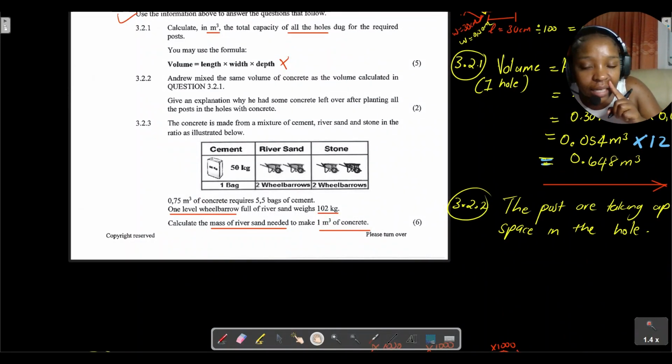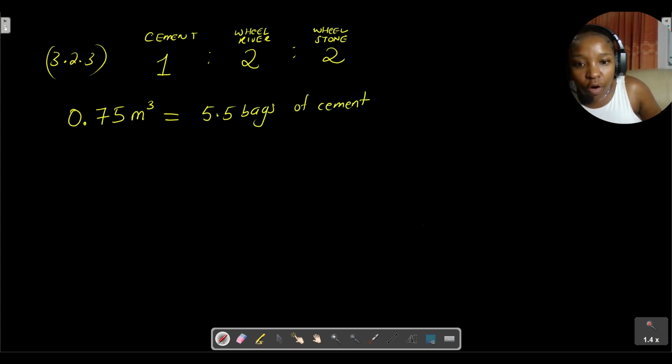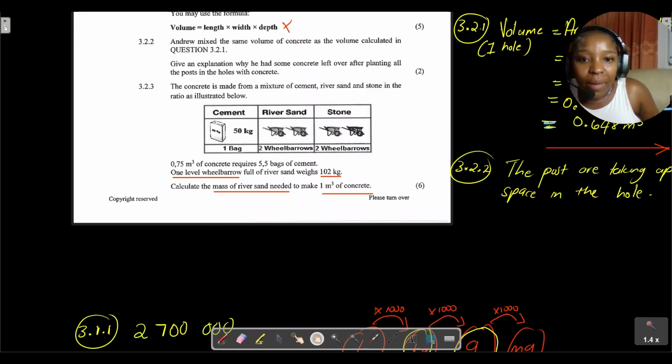We are told that 0.75 meters cubed of concrete requires 5.5 bags of cement. Remember, from the question, we want to make 1 meter cubed of concrete.